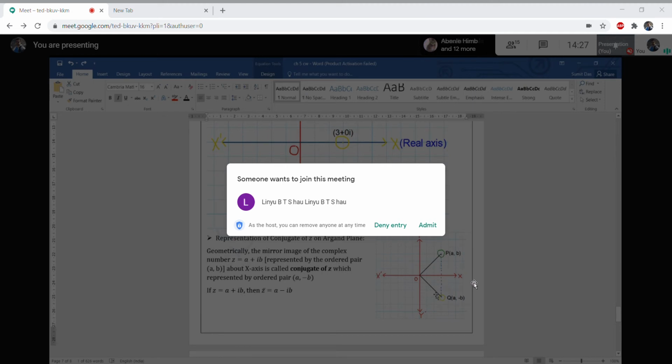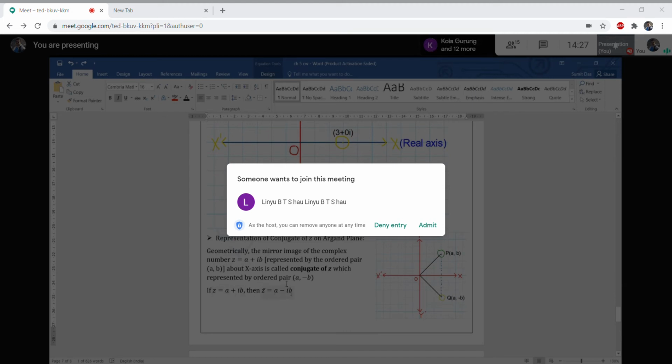The mirror image of this point about the x-axis is called the conjugate. If it is a comma b, the mirror image of P will be here, Q, a comma minus b, right? So the conjugate of this one will be this point. So if z is a plus ib, the conjugate of z will be a minus ib.